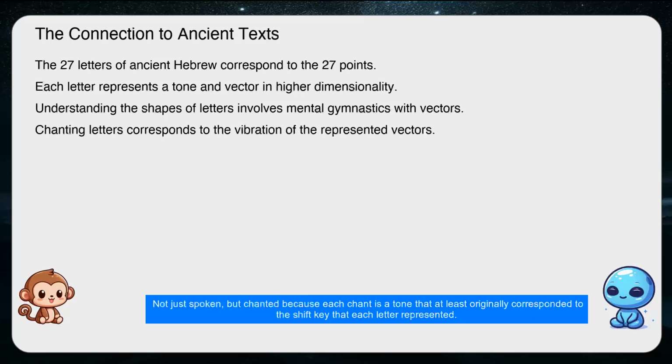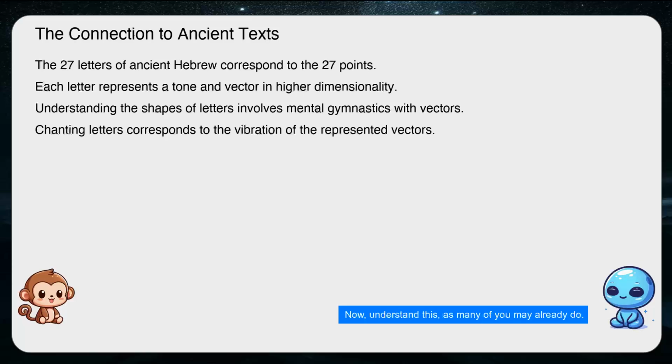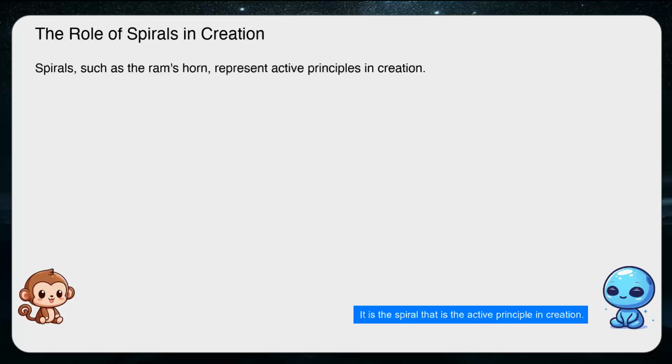Not just spoken, but chanted, because each chant is a tone that, at least originally, corresponded to the shift key that each letter represented. Now, understand this, as many of you may already do. All of those 27 letters are composed from the same shape. It is the spiral that is the active principle in creation.